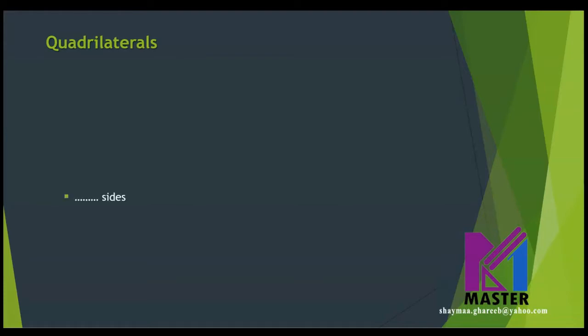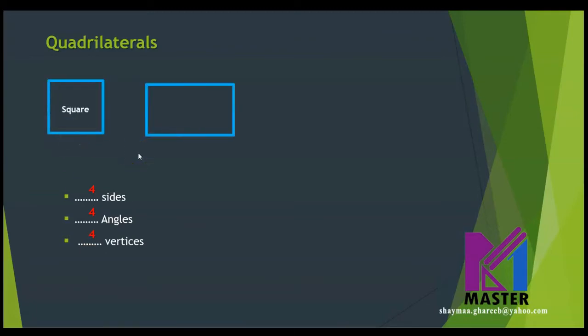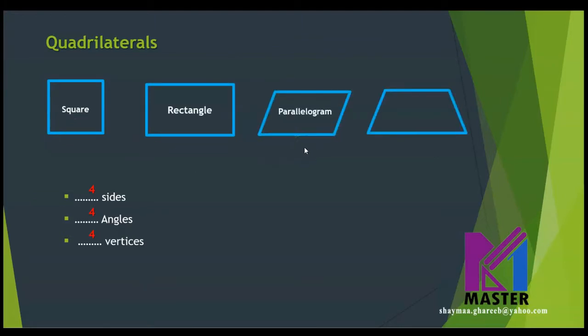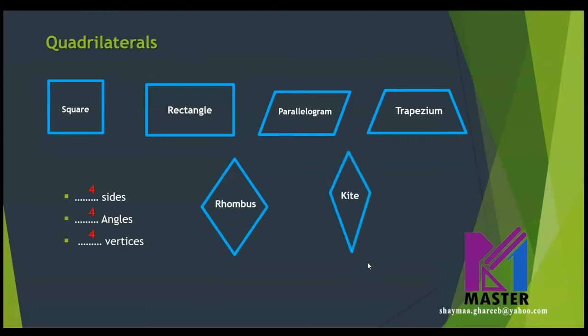Quadrilaterals. What are quadrilaterals? They are 2D shapes that have 4 sides, 4 angles, and 4 vertices, such as square, rectangle, parallelogram, isosceles trapezium or trapezium, rhombus, and kite.